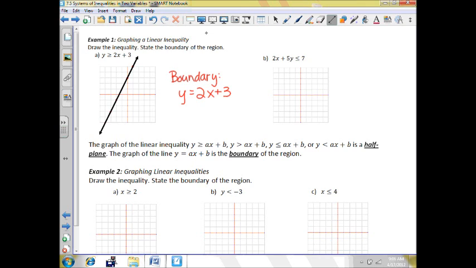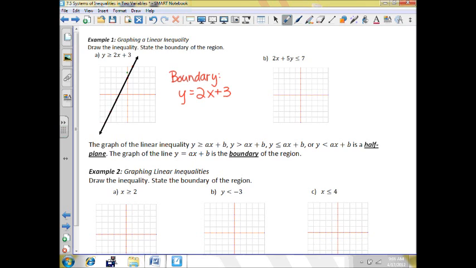Now, we want where it's greater than this. So what we're going to do is find a point. Well, if you choose a point anywhere on the y-axis where x equals 0, let's say the point (0, 4), right here. If I put that in, is that in the region?